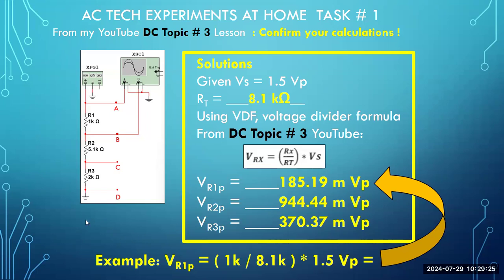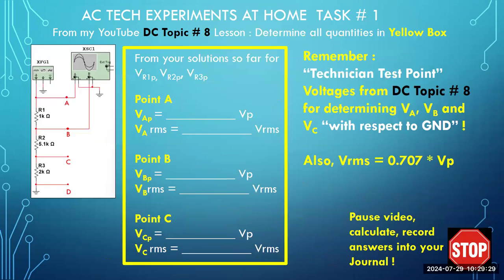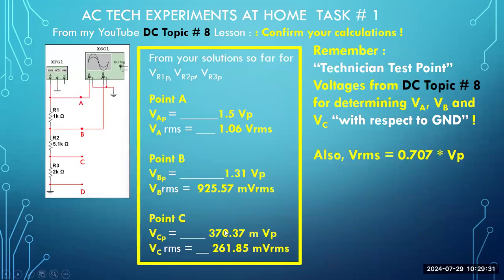And let's see what the answer sheet showed us. There's your 1.31 volt peak. And when you convert that to RMS, you multiply this value times 0.707, and you will get 925.57 millivolts RMS.